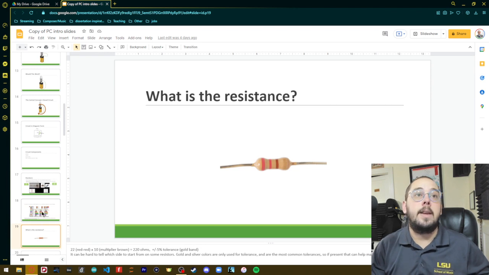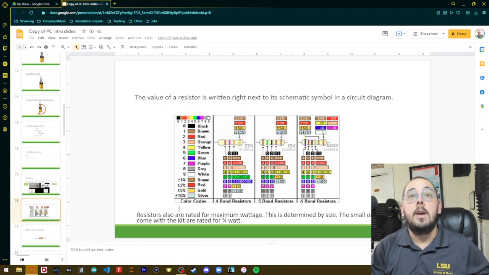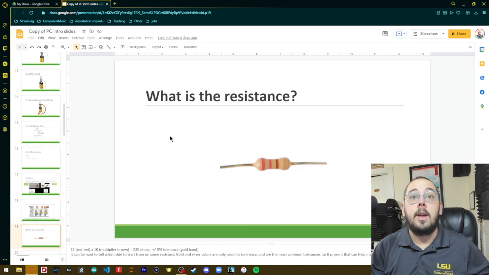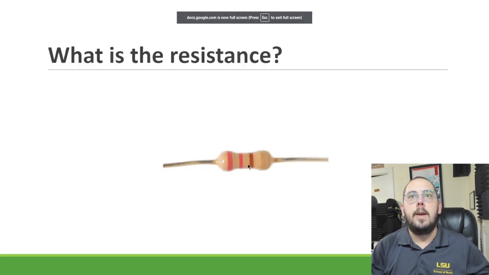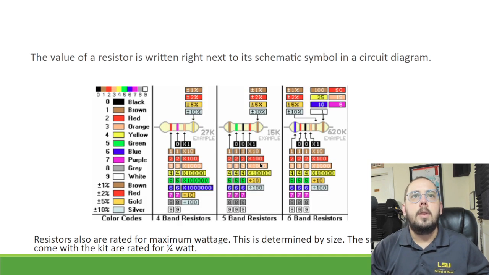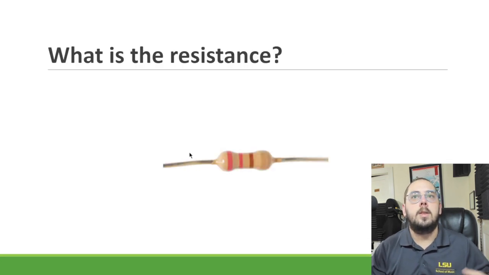Okay, this I didn't choose that image. That one says red. I wouldn't have called that red, but okay. So red, brown. Red is 2, red again, 2, 22, brown, 10, 220 ohms. 22 times 10. There we go.